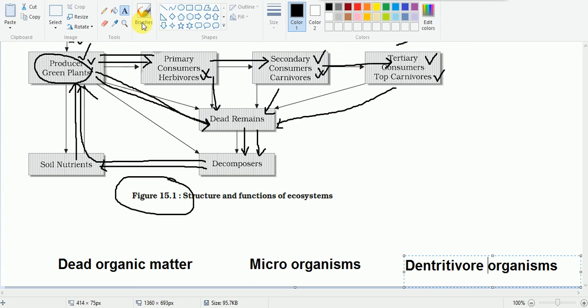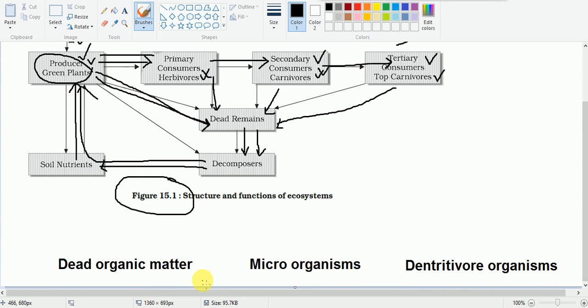So this is the case of this detritus food chain. It starts with the dead organic matter, like these leaves of the trees, then microorganisms, bacteria and others, then detritivores, that is organisms that feed on these dead bodies, detritus material.